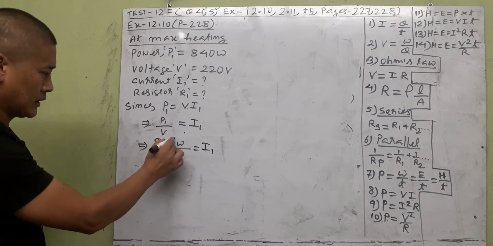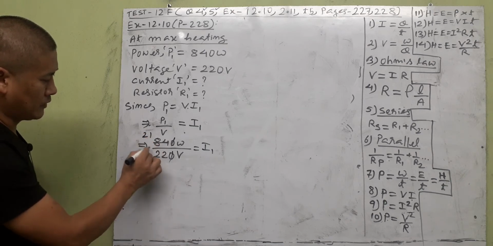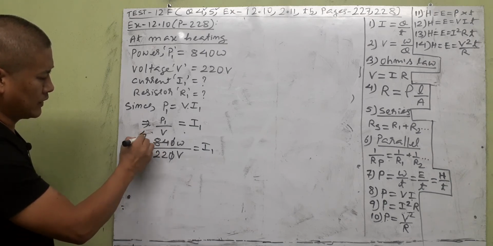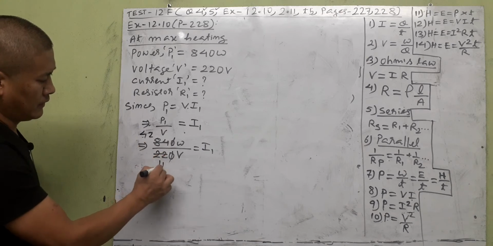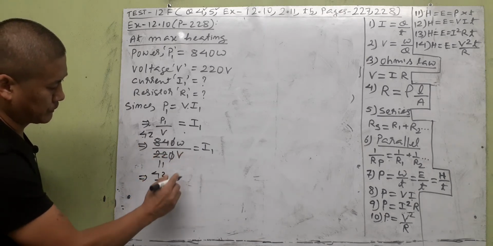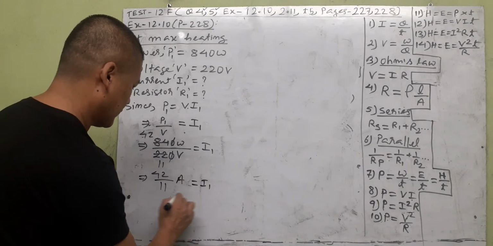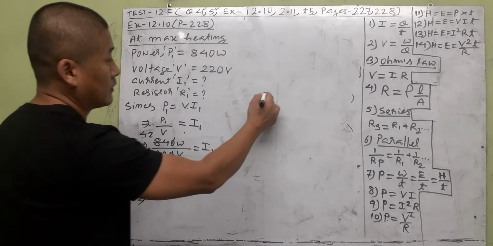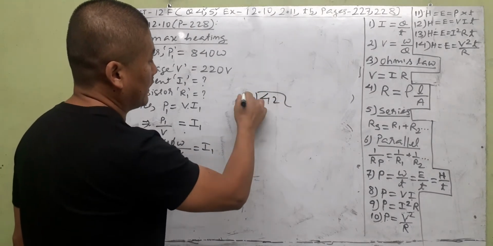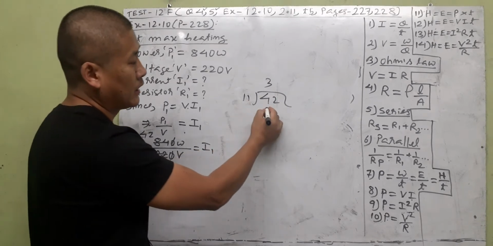Now we can cancel this and this, 4 2s are 8, 4 1s are 4. So you're going to get 42 by 11 ampere, which is I1. 11 4s are 44 is too much, so 3, 33.